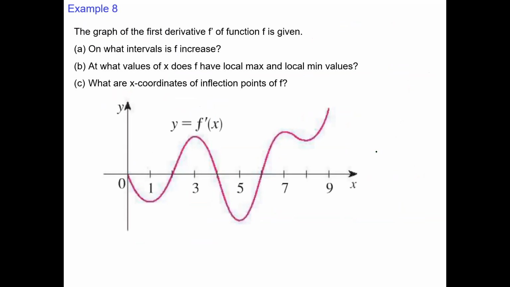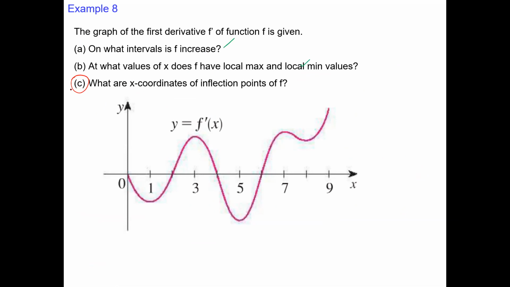This one, you probably remember, we did question A and B, and I said, after covering section 4.4 about concavity, we can answer question C. And I believe one student kind of gave us the answer.